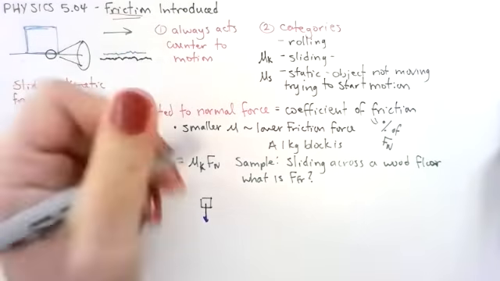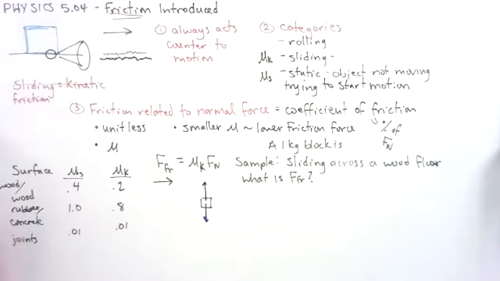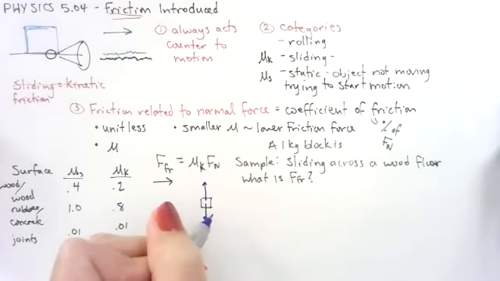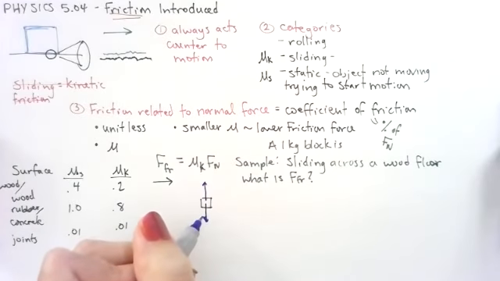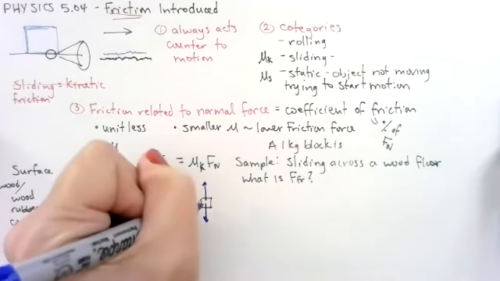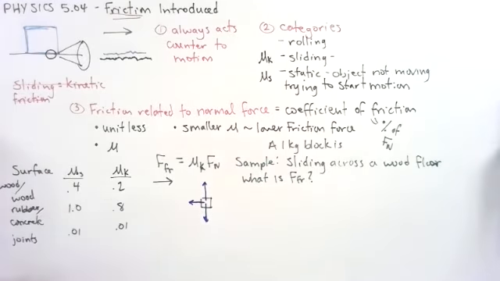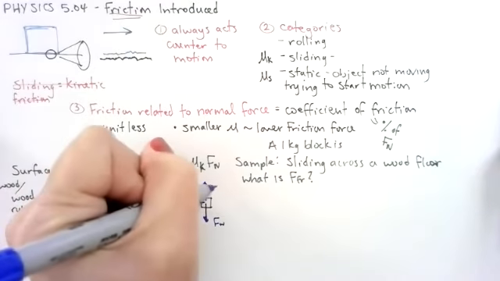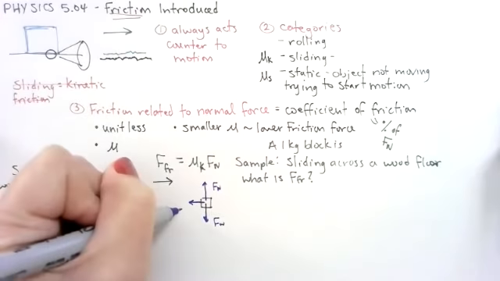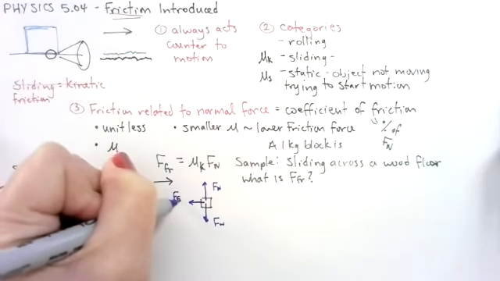So that means my vertical forces have to be equal and opposite because I don't have vertical motion. Now, it doesn't say I'm pushing a block across the floor. It says a 1 kilogram block is sliding across the wood floor. So I've got friction that's acting in reverse.